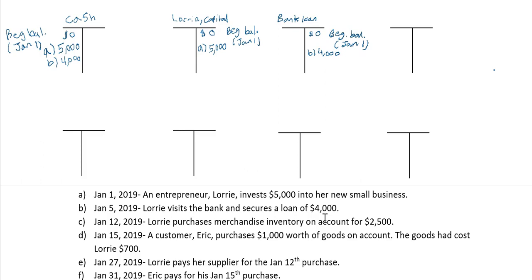So let's go ahead and make our new T accounts. The first one will be our asset account. It will be inventory. So inventory are products which we buy and hopefully sell for more to our customers.